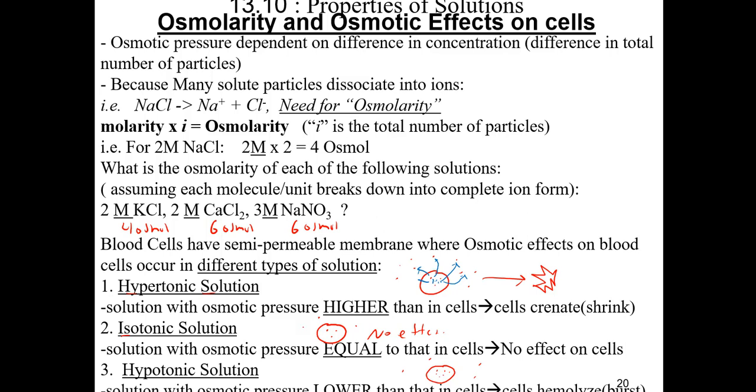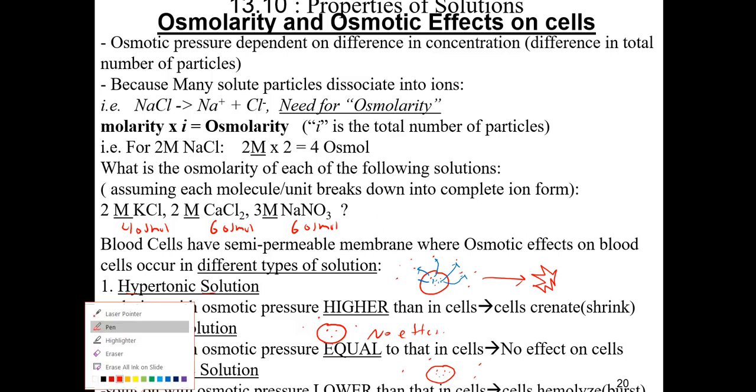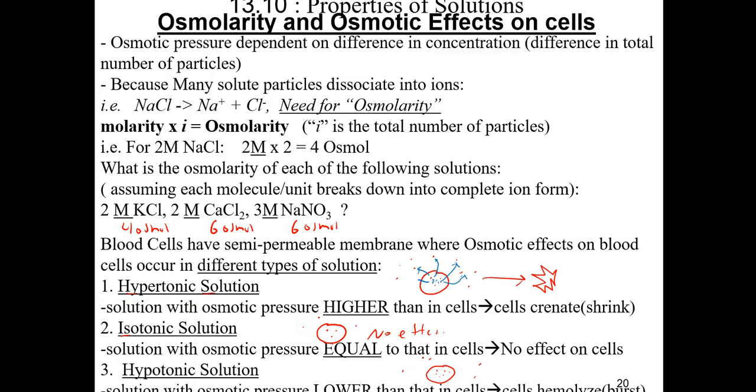So there's low solute particles in the surrounding solution of the cell. Consequently, the water is going to rush inside the cell in order to surround all the solute particles on the inside of the cell.